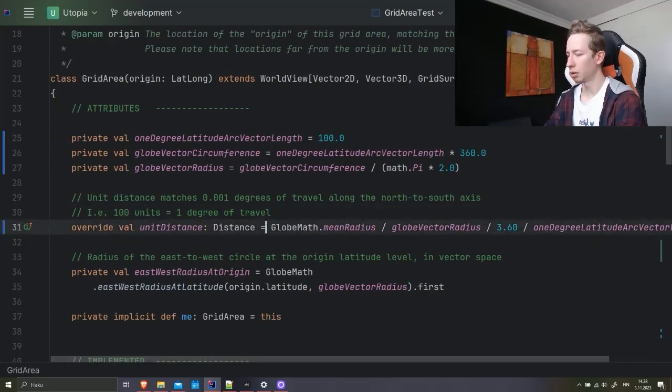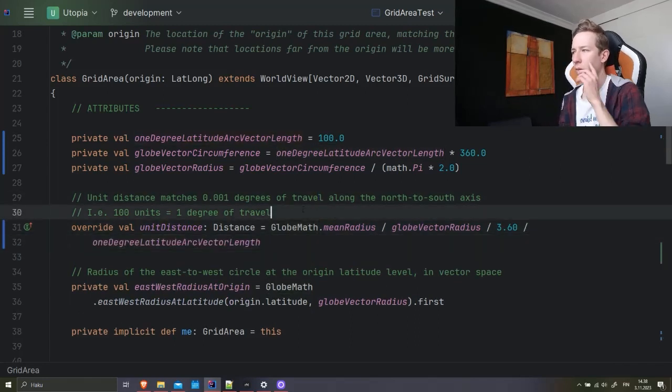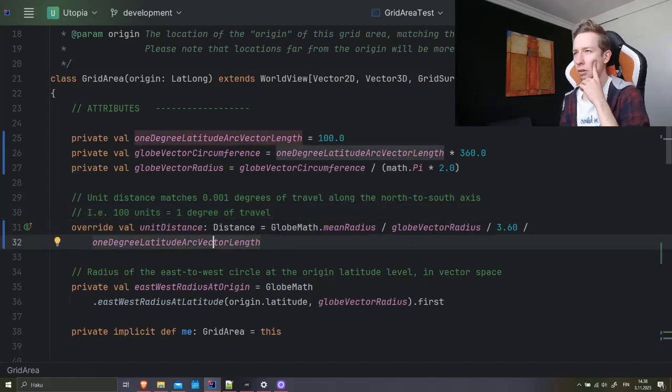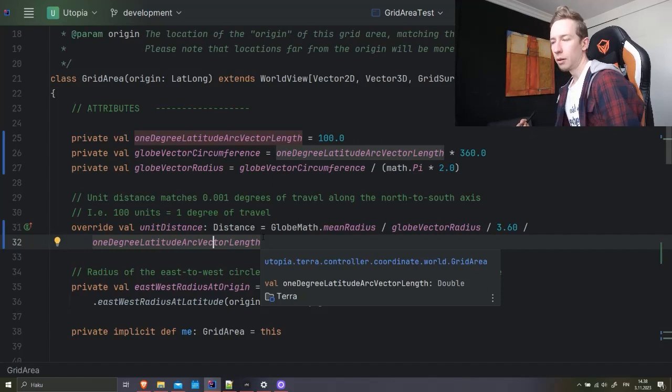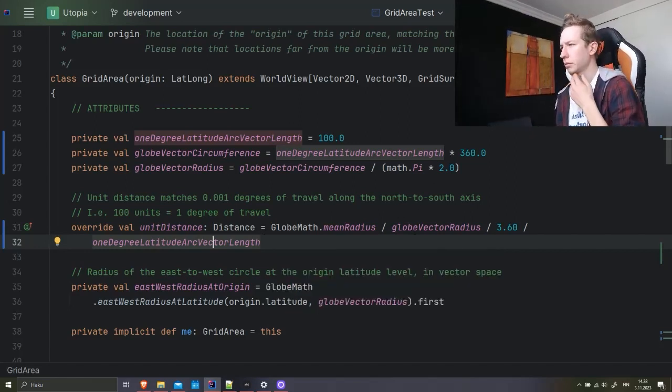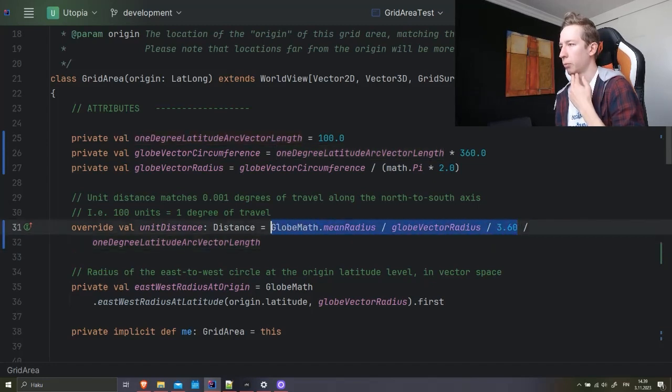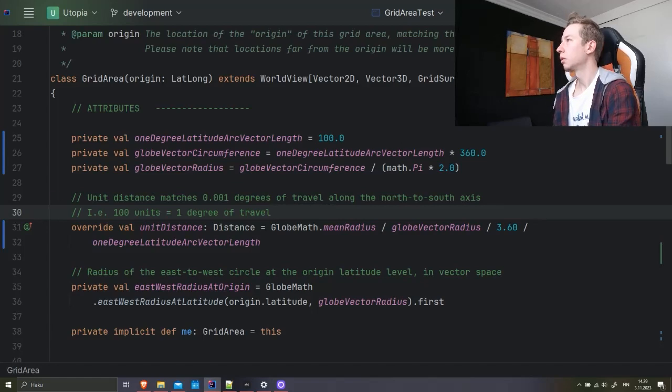I wonder why we're having indentation problems here, but can't help it. So we added this division. Can we justify it somehow, or is it just random attempts? Let's see. Now we have 1 degree of travel, but then we need to convert that 1 degree of travel into vector length. Yeah, that's good. So let's see again. Of course, our tests are gonna break.